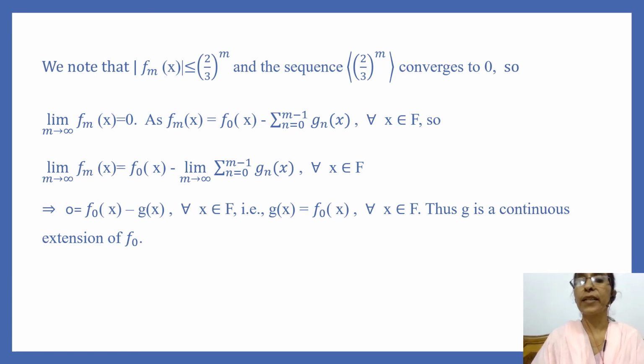So we find that g(x) is equal to f_0(x) for every x belongs to F. So we have shown that g(x) is equal to f(x) for every x belongs to F. That means g is a continuous extension of f. Thank you.